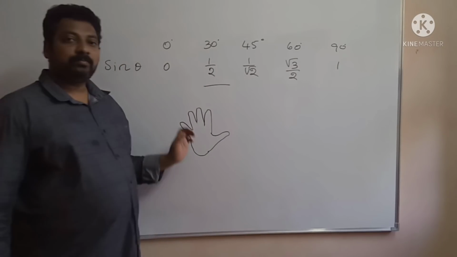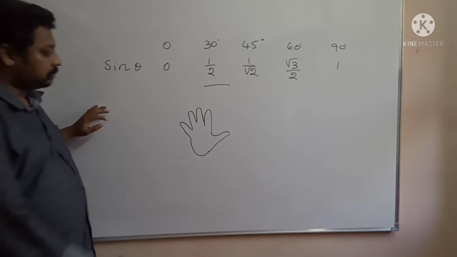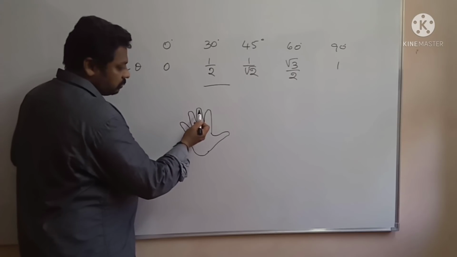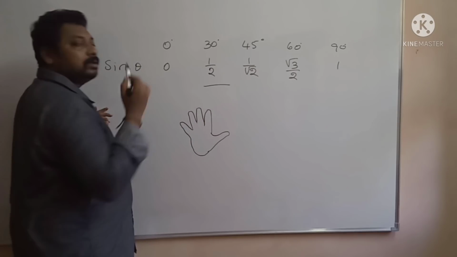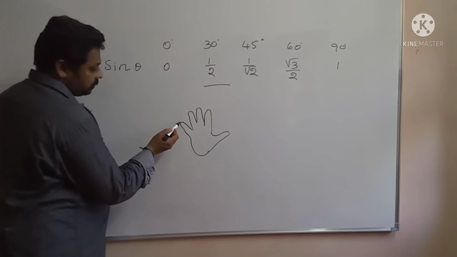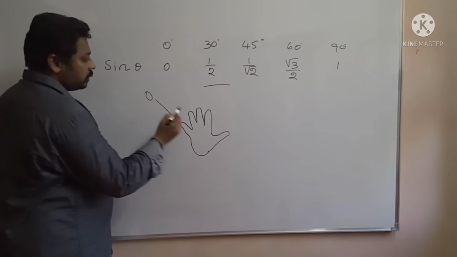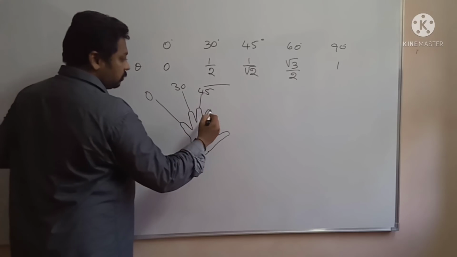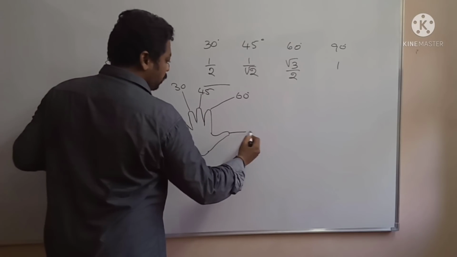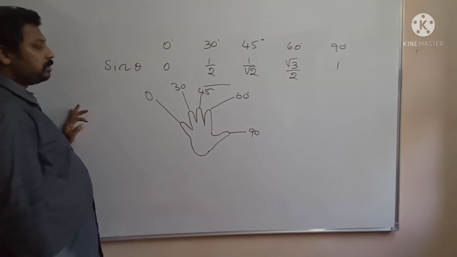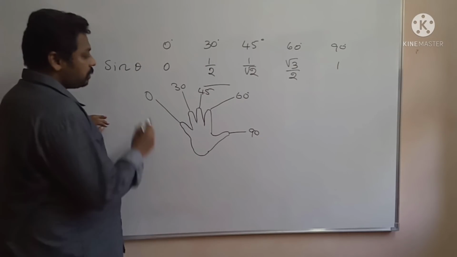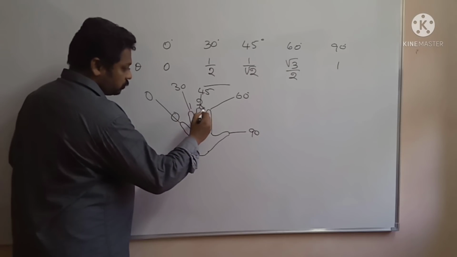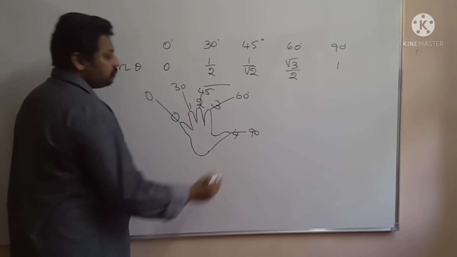Now we discuss the palm method to remember the trigonometric angles. We have 5 fingers: little finger, ring finger, middle finger, index finger and thumb. The fingers denote 0 degree, 30 degree, 45 degree, 60 degree and 90 degree. We have to number the fingers also, so I am numbering from 0: 0, 1, 2, 3, then 4.